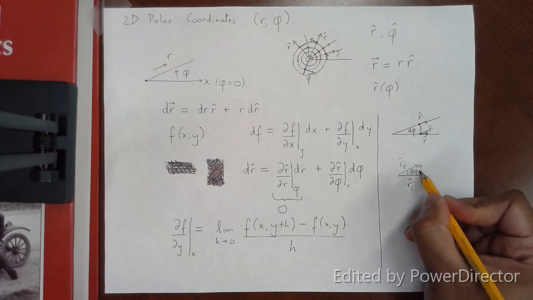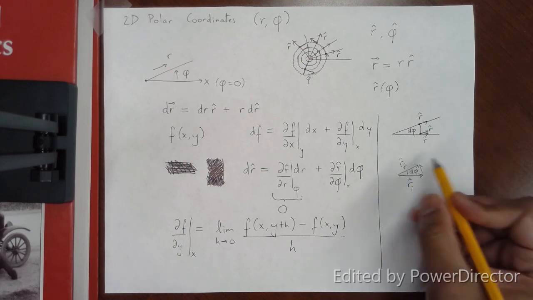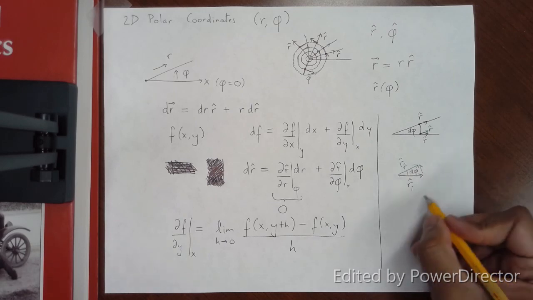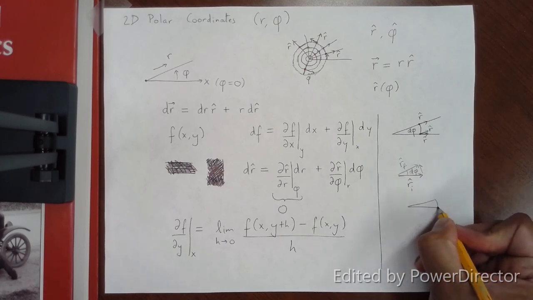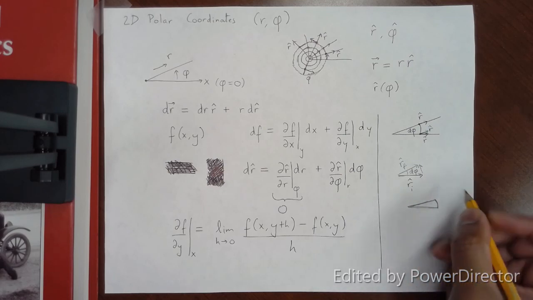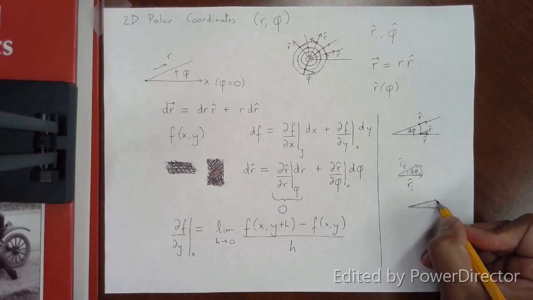Now, for an infinitesimal angle d phi, this starts to resemble a sector of a circle, in which case this vector that we want is related to this arc length.